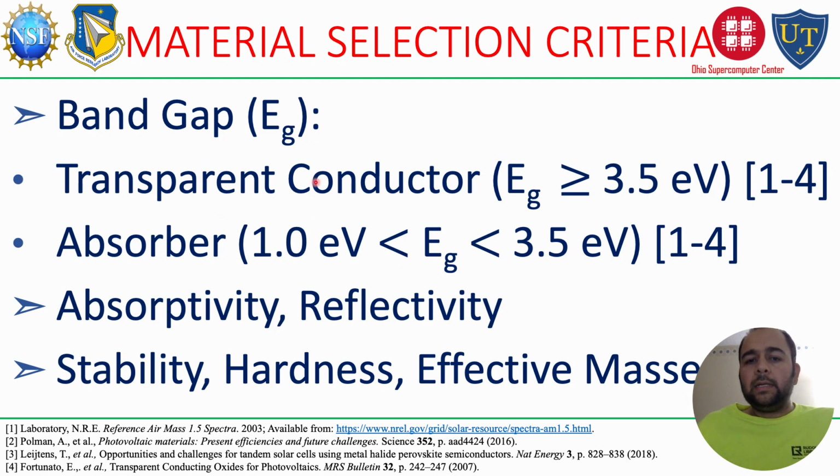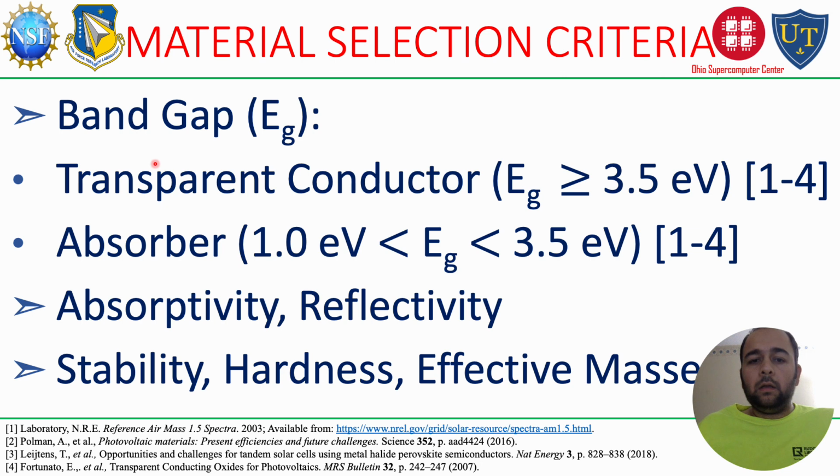As I just said, we were trying to increase the efficiency of solar cells, and in order to do that we definitely have to select certain materials, so we have some material selection criteria. The first criterion for material selection can be thought of as the band gap.